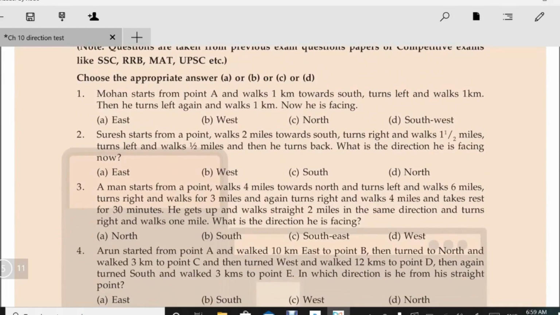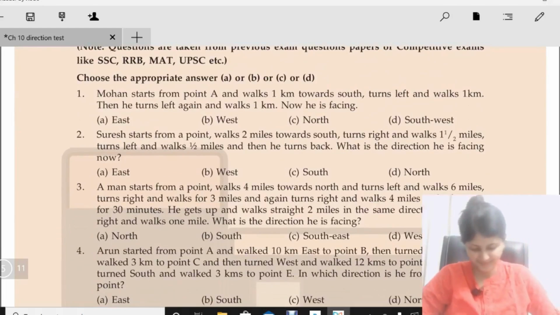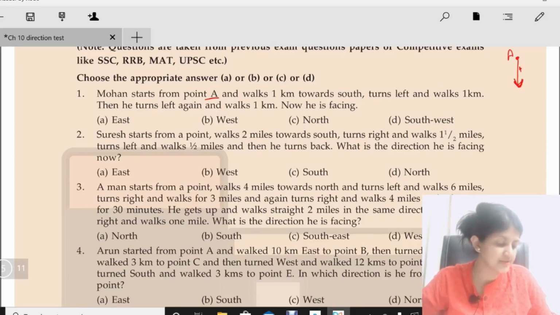Exercise 10A, question number 1. Mohan starts from point A and walks 1 kilometer towards south. If he's moving south, he's facing this side.